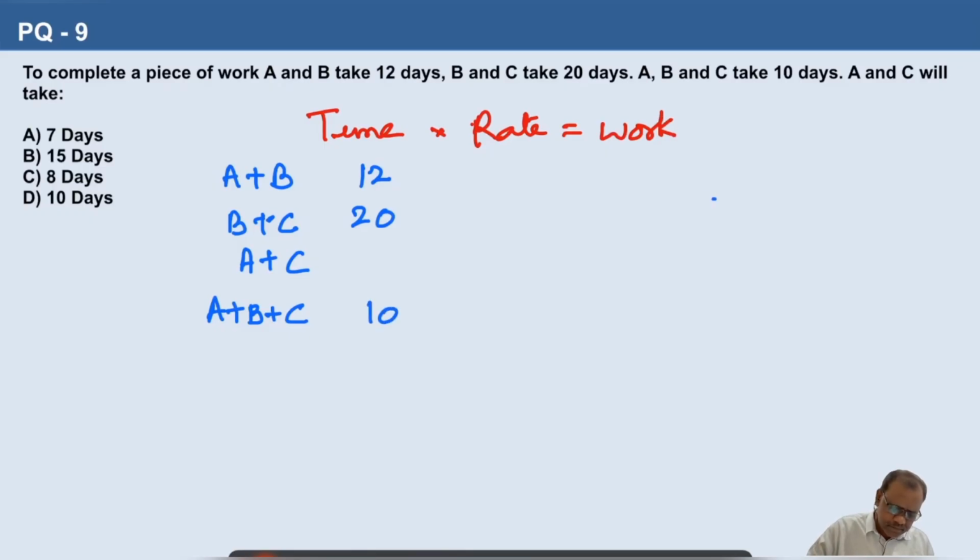LCM of 12, 20 and 10. The biggest number 20, its second multiple 40, third multiple is 60. 60 is divisible by both 20 and 10. So that is the LCM, 60. So total work is 60 units in all the cases.